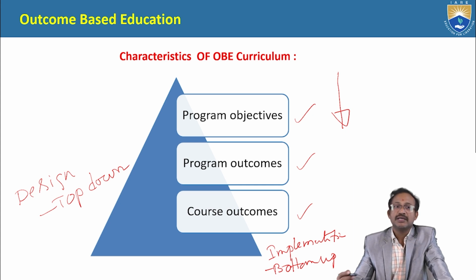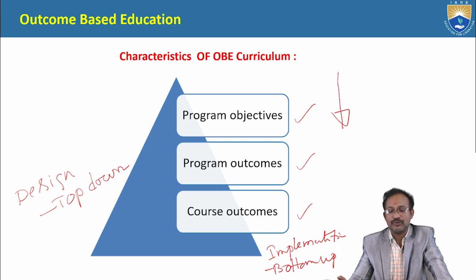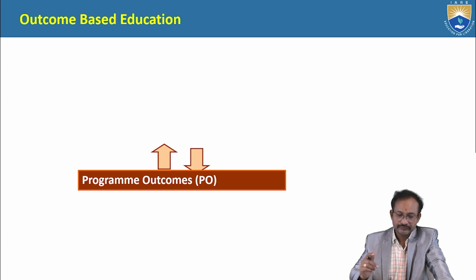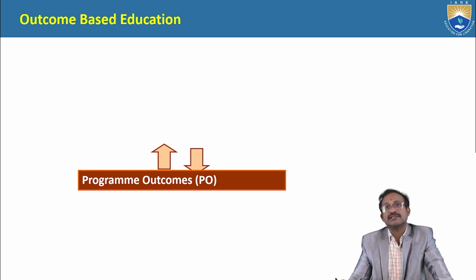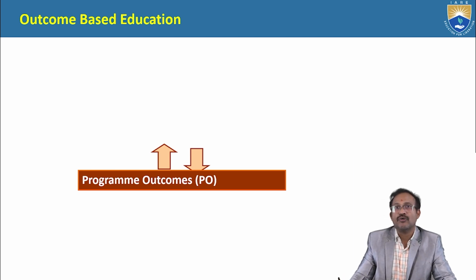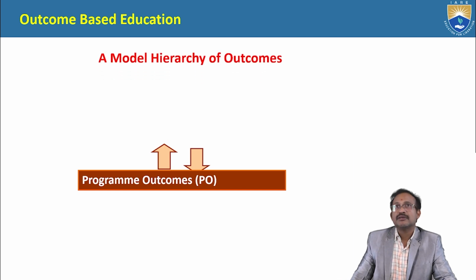So here design must be a top down approach and implementation must be a bottom up approach. Right. Here program outcomes, in short, PO. In subsequent slides we find PO, that is program outcome. We'll discuss later in detail, but right now the program outcomes are 12.